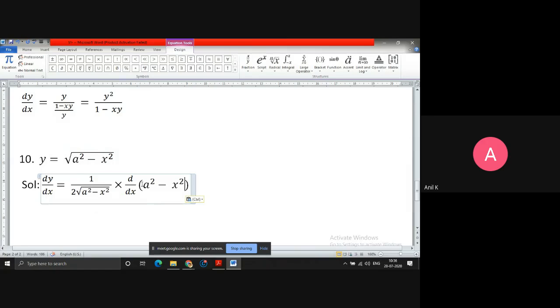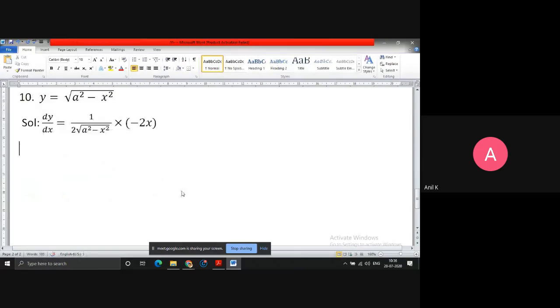In the next step they write the derivative of this step. So we are skipping this step. We'll write directly derivative of a square minus x square. Derivative of a square is 0 because it is a constant term. So derivative of minus x square is minus 2x. Okay, so one step we skipped.